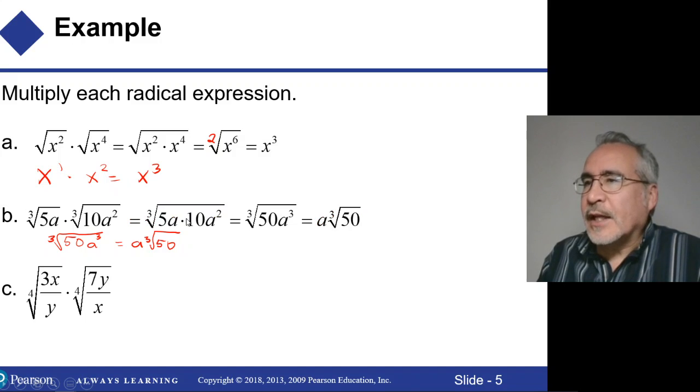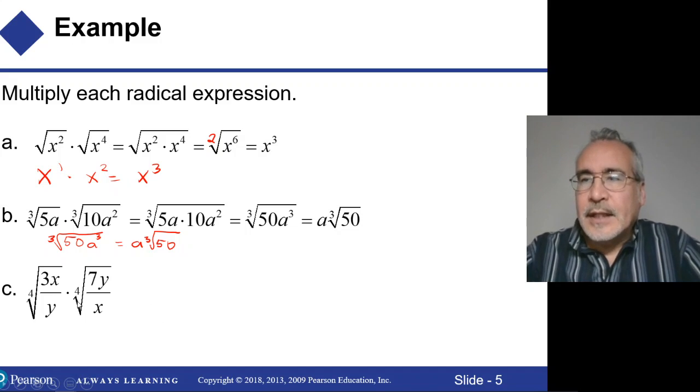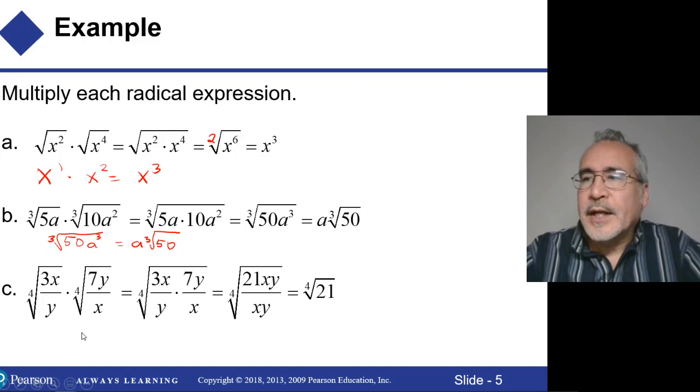And again, they did the same thing. They put it all in the house, and then 3 divided by 3 is 1. So a to the 1st comes out, and then 50 is still left inside the radical. Same thing's going to happen here. So we'll just go ahead and let them walk through. But once they're in the house, we can do some canceling.